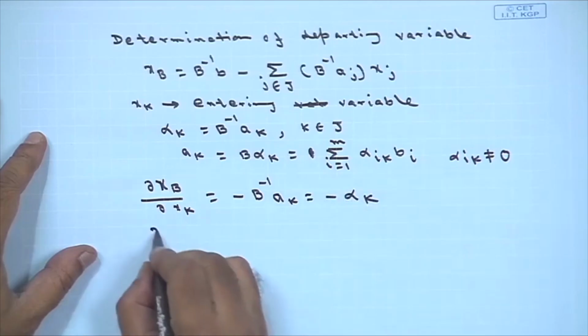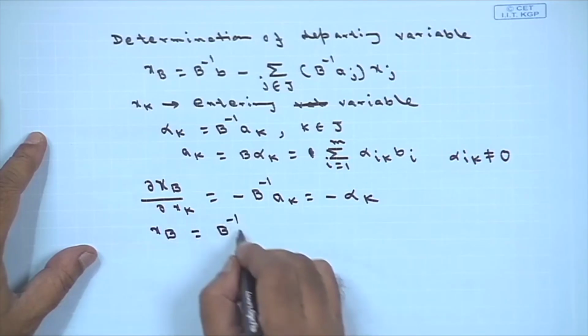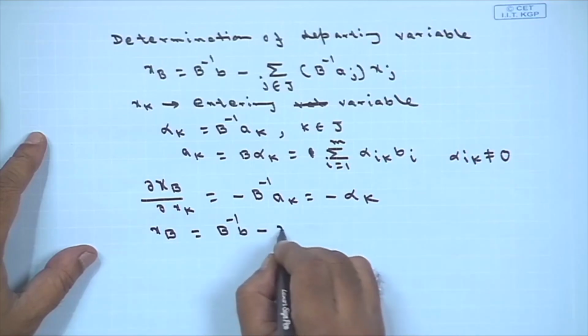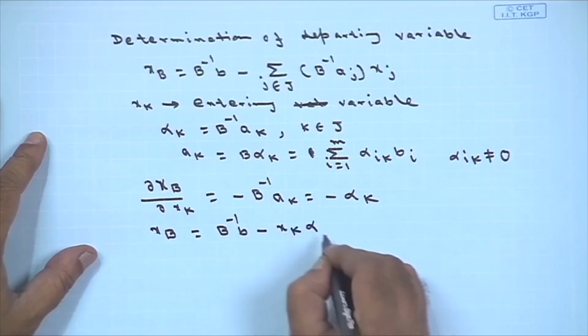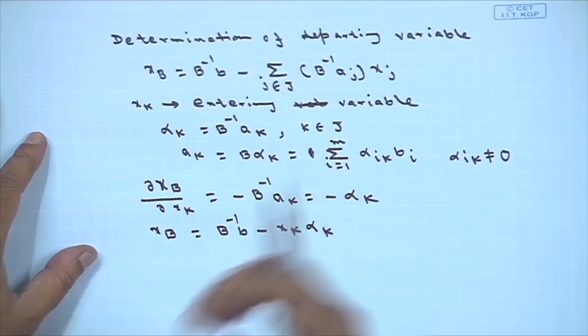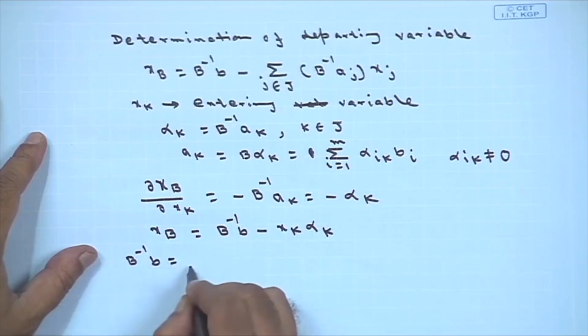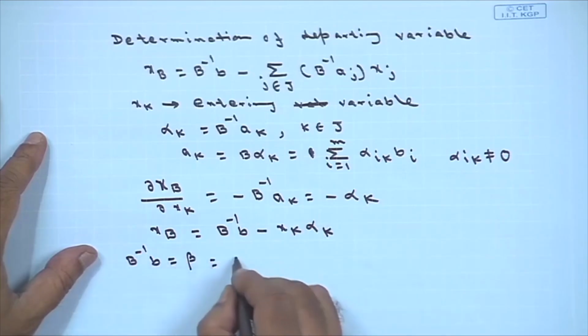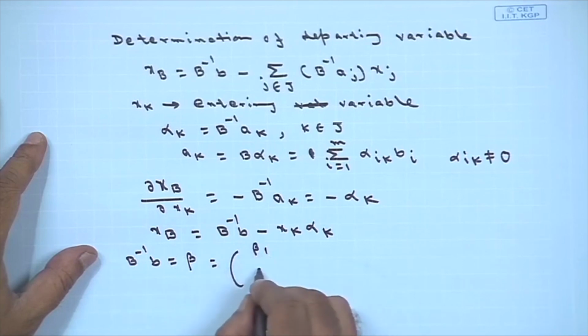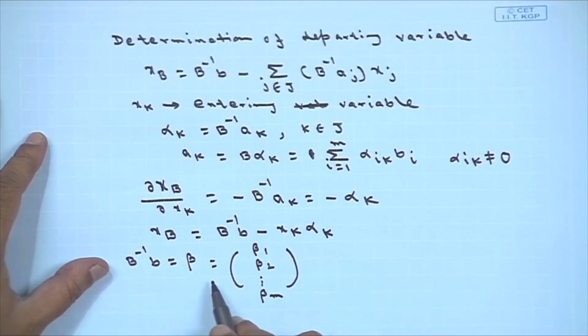So, that x_B becomes B inverse b minus x_k alpha_k, B inverse b minus x_k alpha_k. Now, put B inverse b equals beta, which is nothing but beta 1, beta 2, like this way beta m. I am assuming B inverse b as beta.